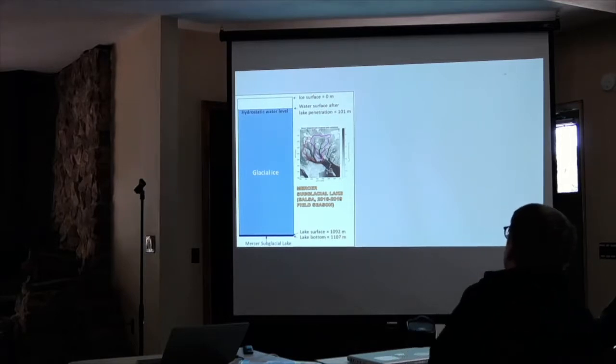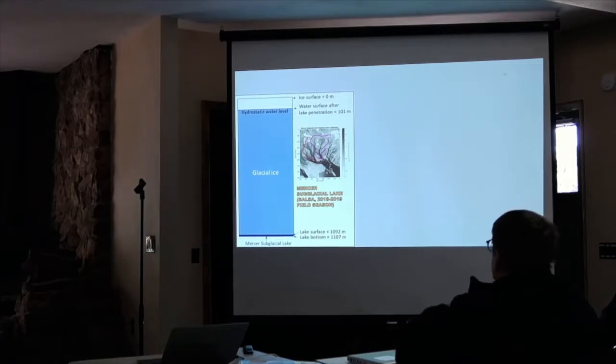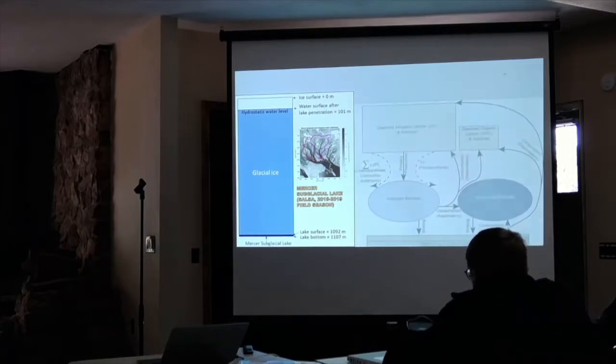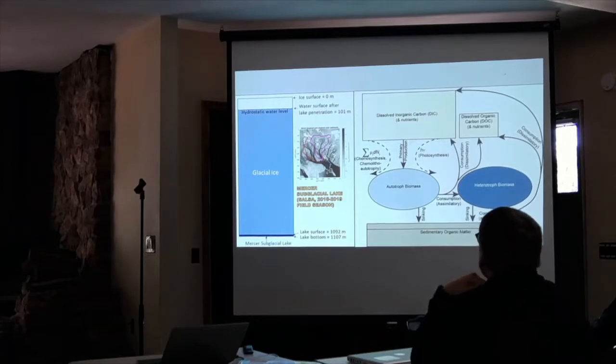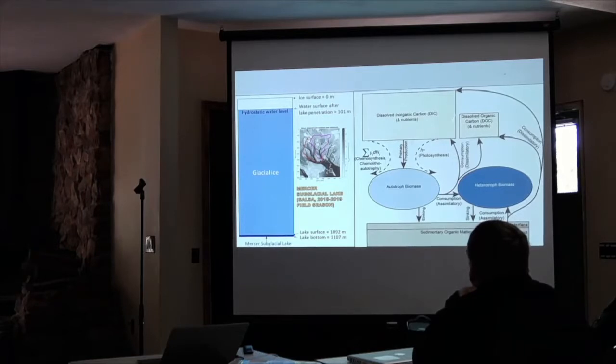If we want to think about a lake or an aquatic ecosystem, and sorry for this diagram, but if we just ignore the lines and arrows for now, it's a pretty simple carbon diagram. We have a pool of oxidized inorganic carbon, dissolved carbon.